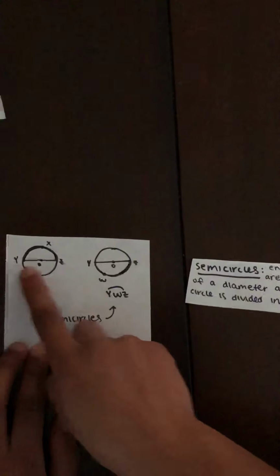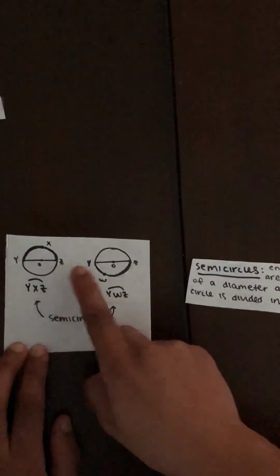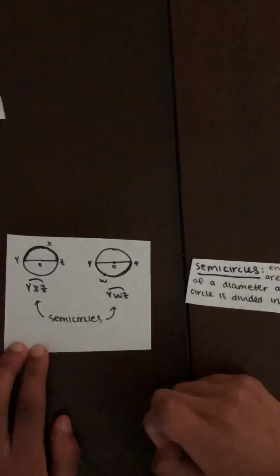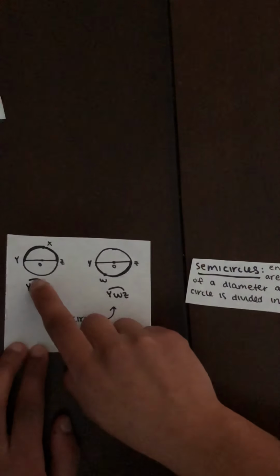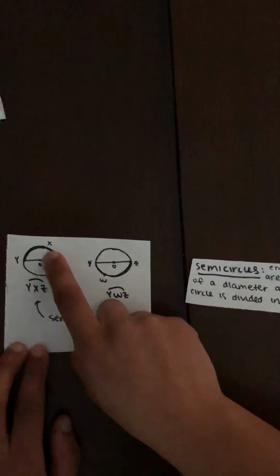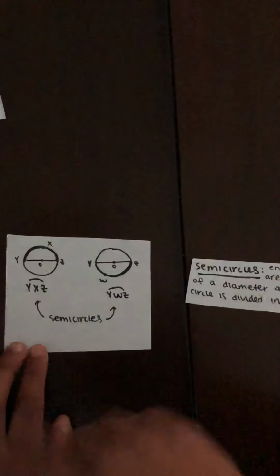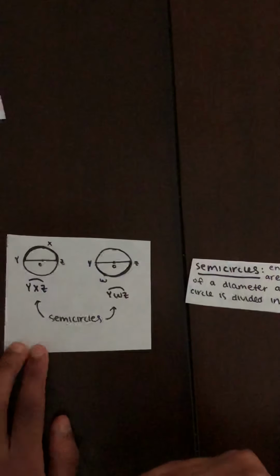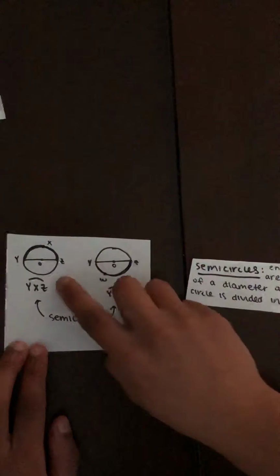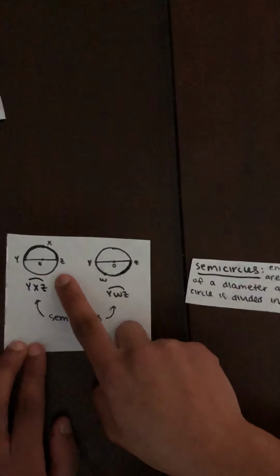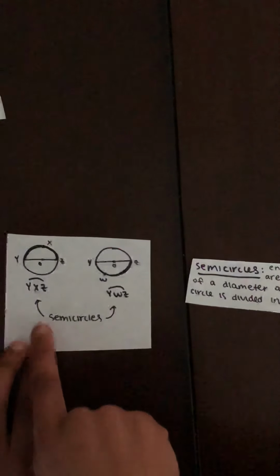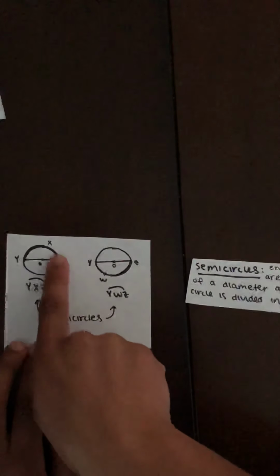Here, in both of them, Y and Z are the endpoints, and in the first circle, X is another endpoint up here, and YZ is the diameter. Since it's the diameter, the circle is divided in half, and it is a semicircle, so the arc would be YXZ at the top.